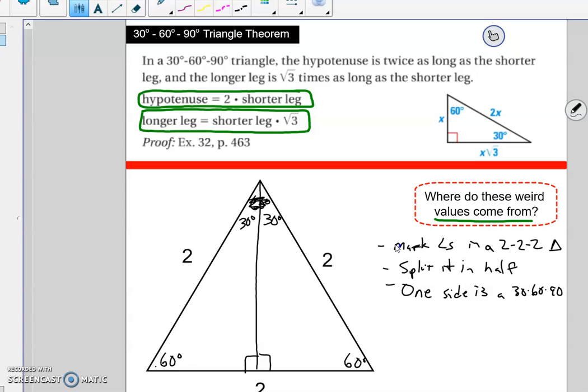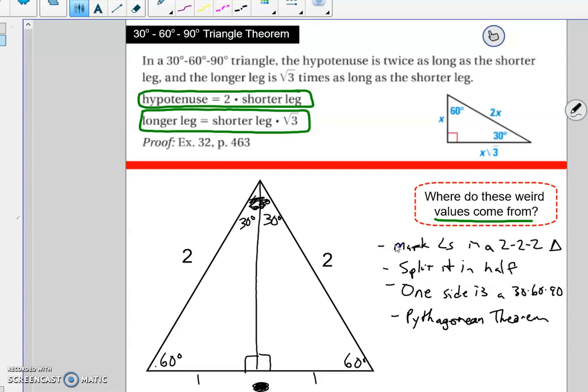But now we can keep going further, and we can say, instead of calling this a base of 2, we've got two different triangles. So this one's got to be 1 and this one's got to be 1. So now we're going to do the Pythagorean theorem. Sorry for the sloppy handwriting.